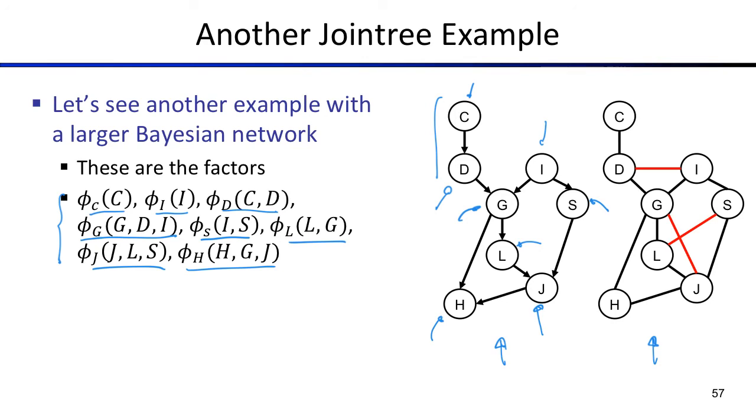So we have one factor for each of the nodes. We need to find a Jointree, which you don't know how to do yet, but it's going to be given to us, and associate those factors with the Jointree clusters. Next slide.